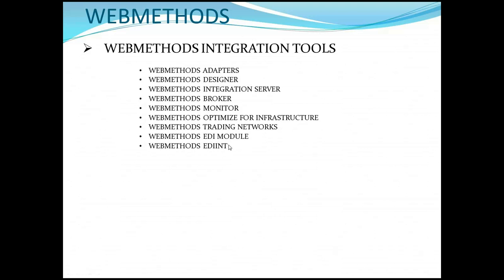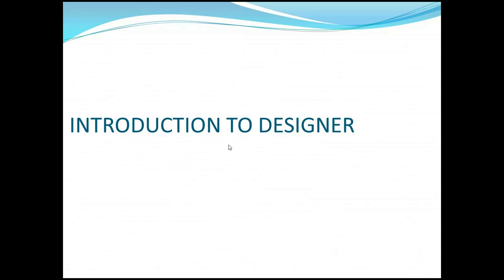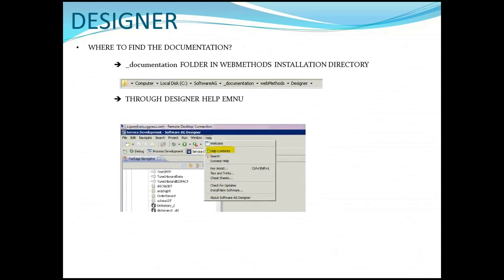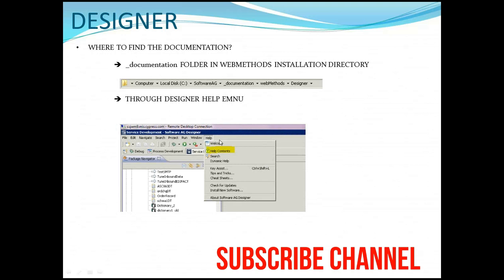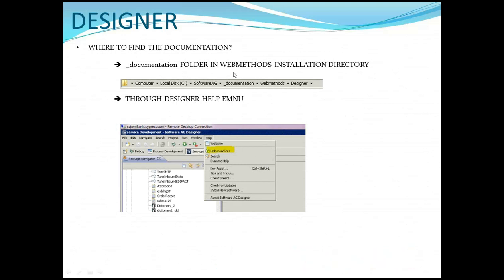So yesterday we have seen this, and I think this one we missed. If you want to check the contents, if you have the documentation, you can go to your installation directory and then documentation. This will come only for the licensed ones, not for the trial version.